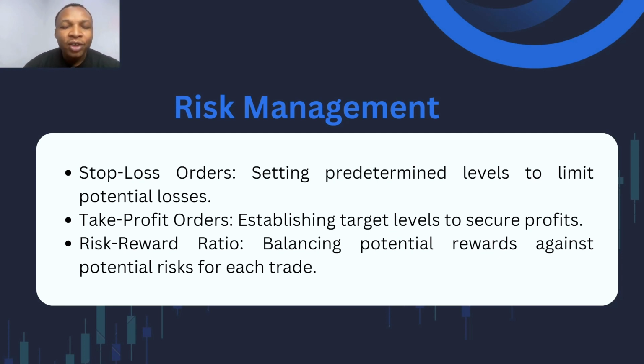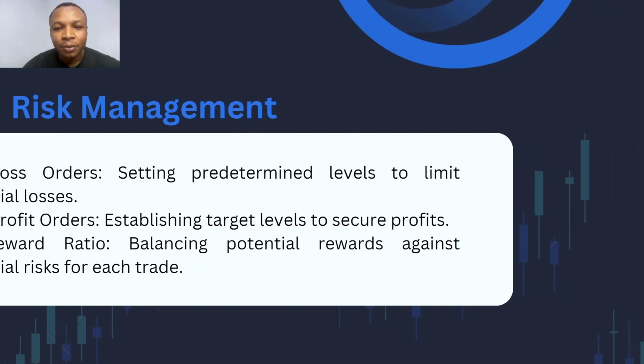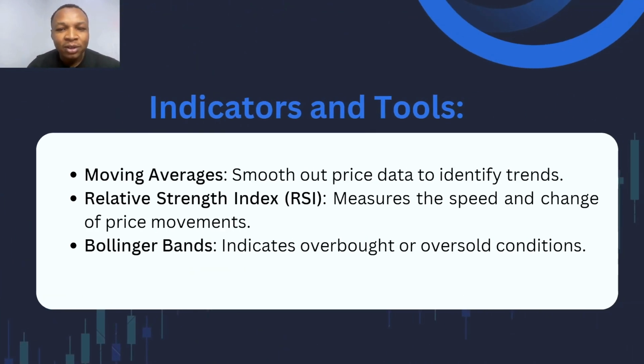All right. So every forex trading strategy should be able to cater for risk management as a component of that strategy. Now, the next thing that every strategy should have is the tools and the indicators of that particular strategy. A few indicators are moving average, the Bollinger Bands, the relative strength index.